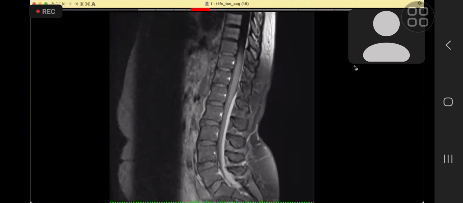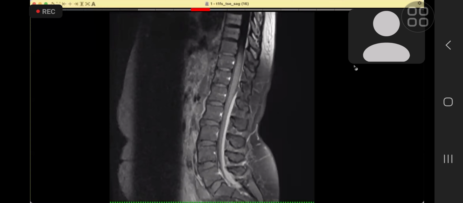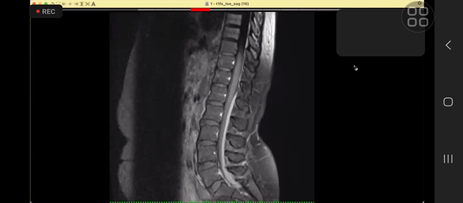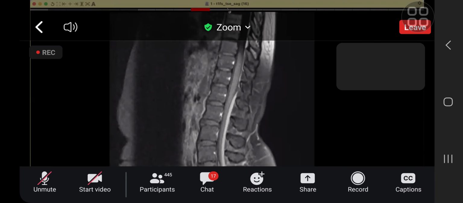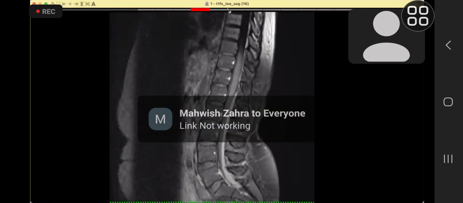Infection, I'll be thinking possibly of TB. What is your finding? Just a diffusely enhancing leptomeningeal enhancement. Where is the enhancement? Can you point it out to me?